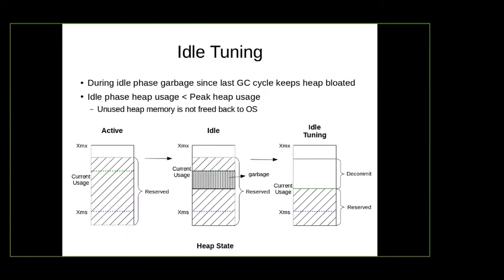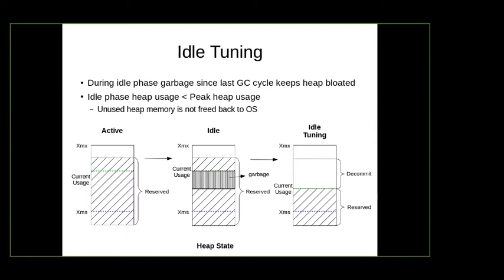Reserved means this much heap memory is actually backed by a physical page. Then your JVM at any point in time will be using some amount of heap memory for allocating objects. That is indicated by the green bar, which indicates the current usage of your application.